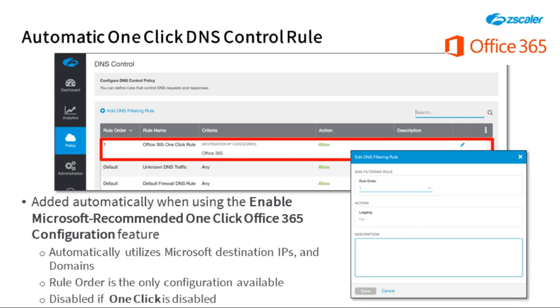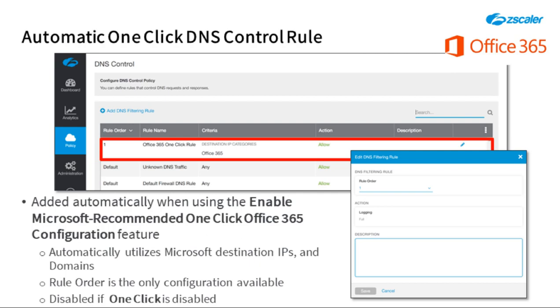In addition, we also automatically add a DNS control rule for Office 365 that automatically uses the Microsoft destination IP addresses and domains that we maintain. As with the firewall rule, this rule is added at position 1. It is not configurable and cannot be deleted, although the rule order can be changed.